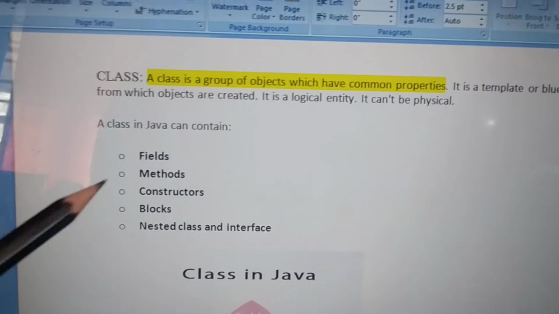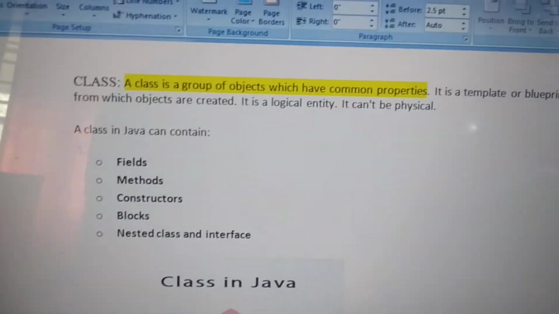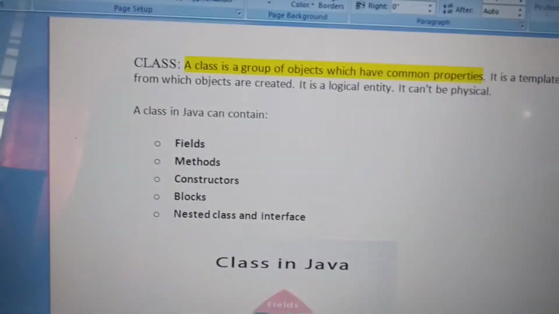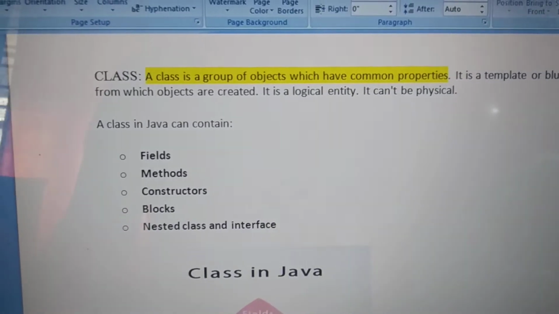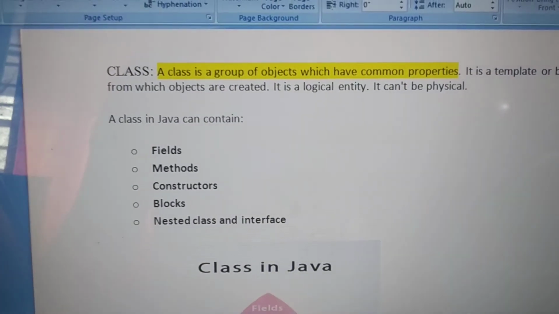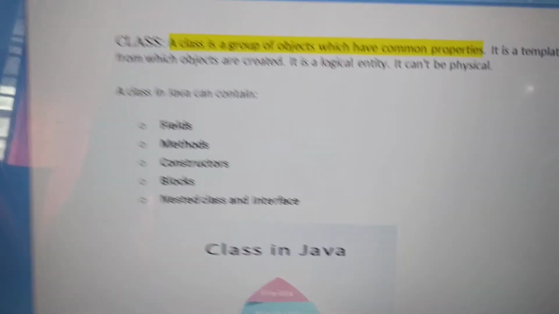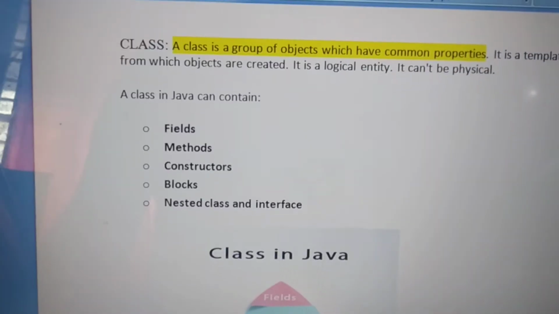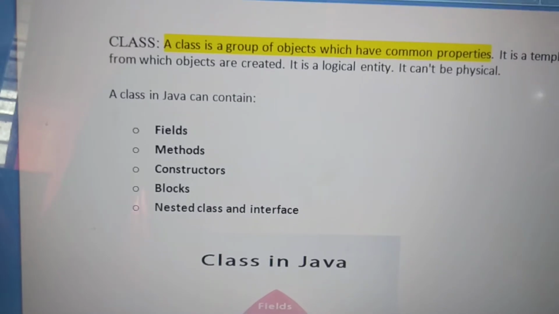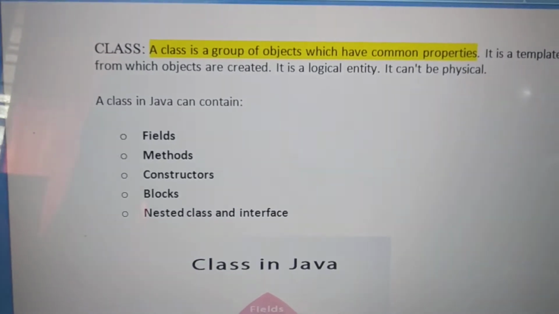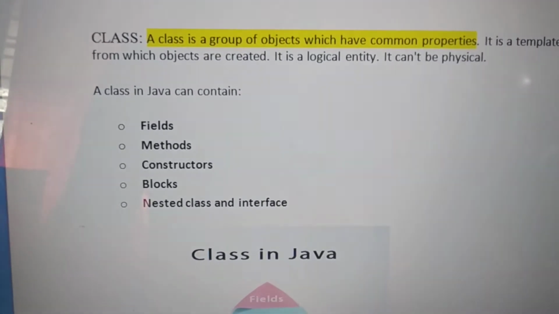See here, a class in Java. While we write a program in Java, inside the class, what does it contain? The first one is fields, F-I-E-L-D-S.